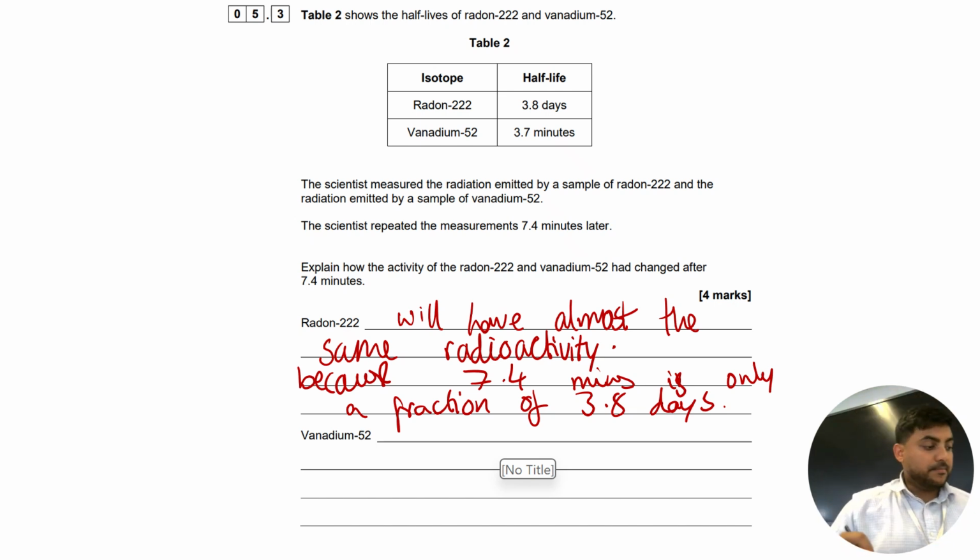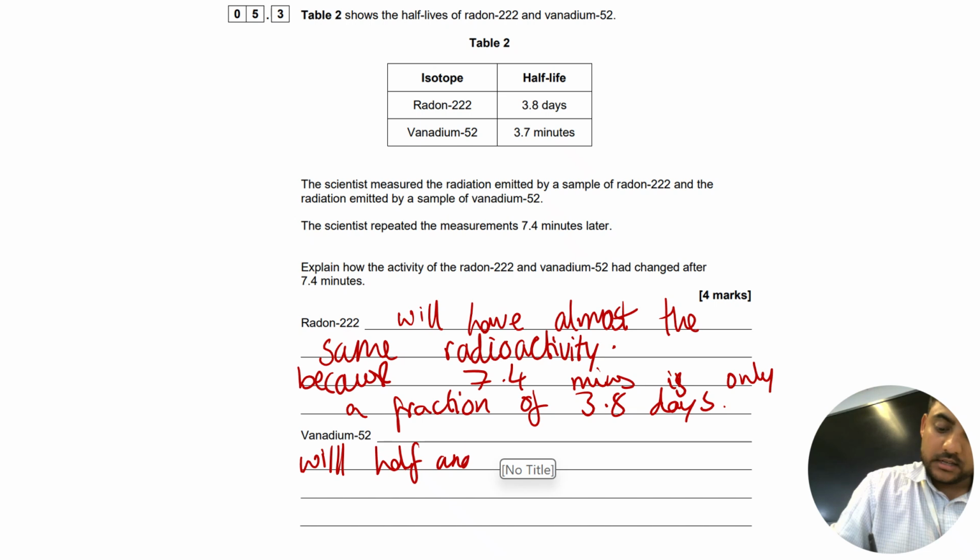How about vanadium? It'll be different for vanadium because in 7.4 minutes, vanadium will have halved and halved again. I'm going to say it will halve, and halve again.